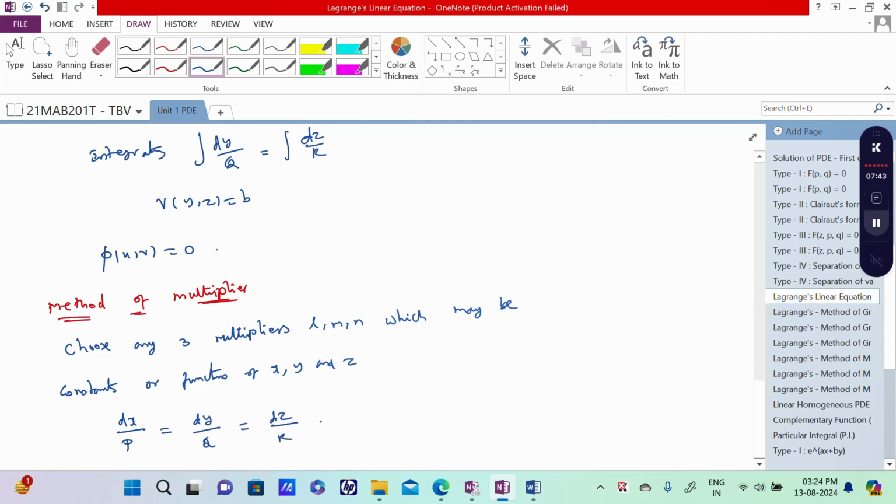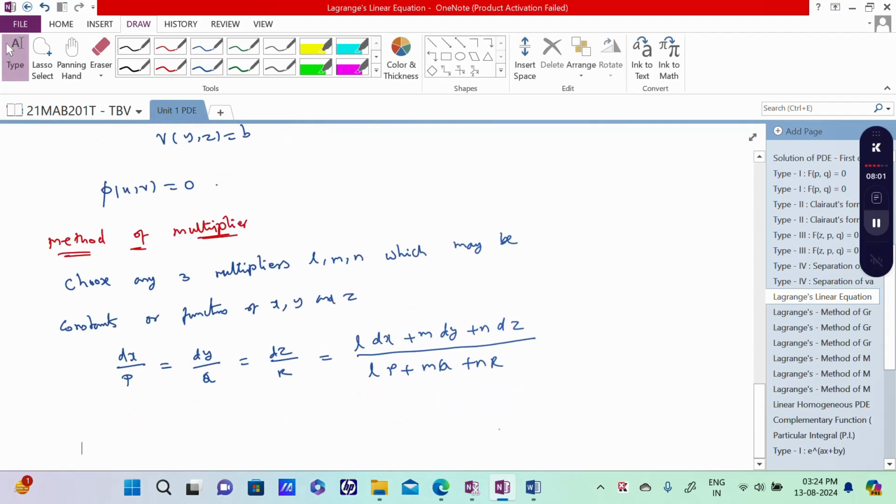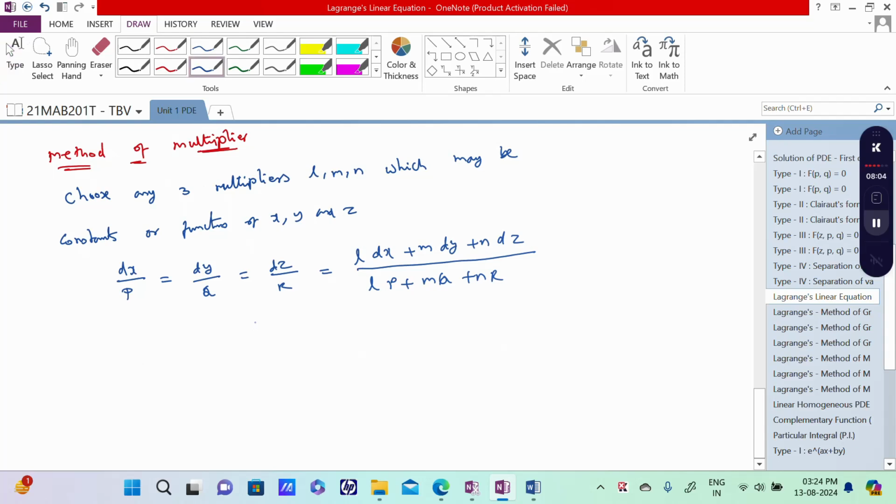From here, (L dx + M dy + N dz) divided by (LP + MQ + NR) equals some constant k. So L dx + M dy + N dz equals k times (LP + MQ + NR).